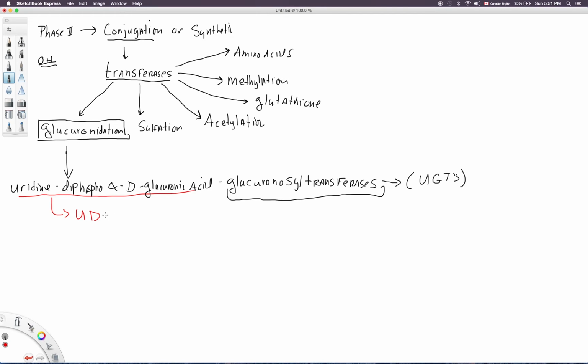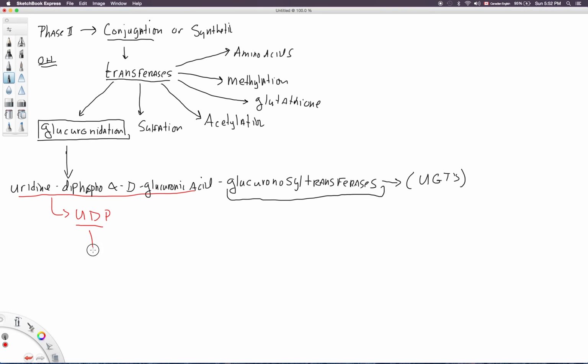So this uridine diphospho alpha D glucuronic acid can be simplified to UDP, or UDPGA, some people call it, but UDP. So UDP is going to be the co-substrate, whereas UGTs are the enzymes.